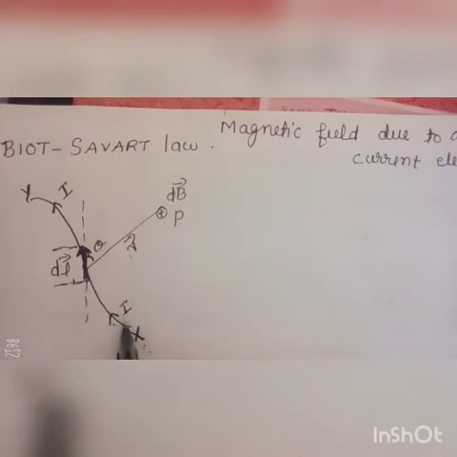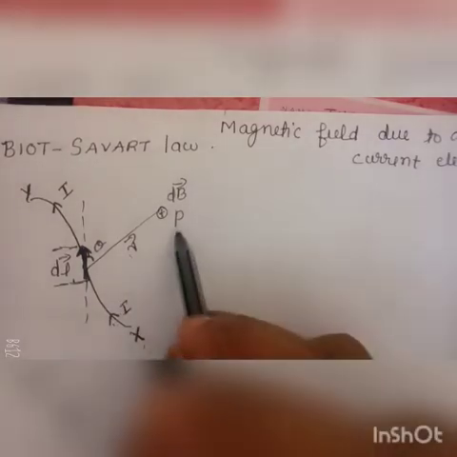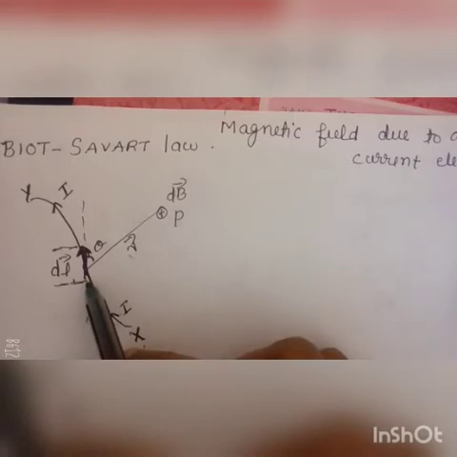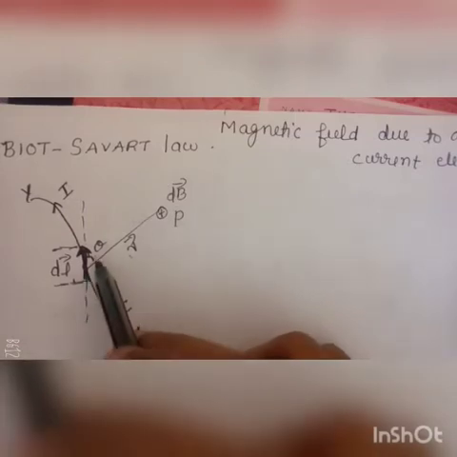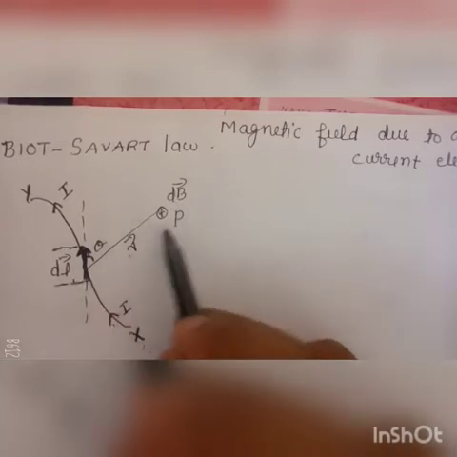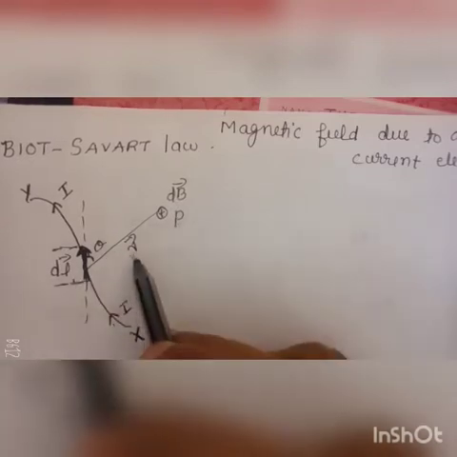Then P is a point having position vector r with respect to the current element dl, and theta is the angle between dl and the position vector r.